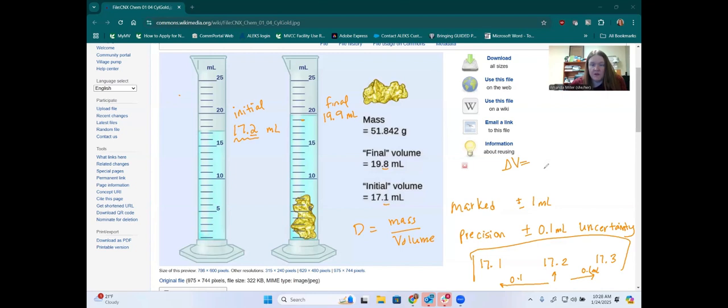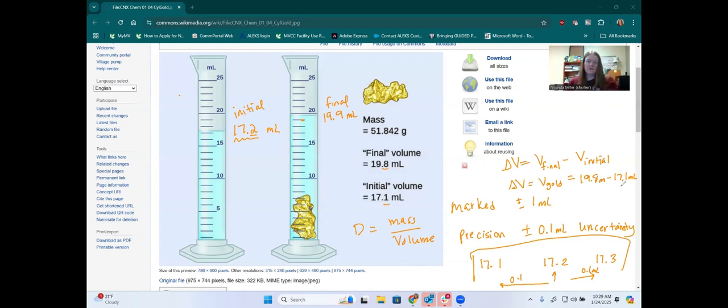It represents change, is equal to the final reading minus the initial reading. In the case of this situation, the change in volume was due to putting the gold into the water. And so we'll do the final reading minus the initial. And that gives us the volume of just the gold that was put in there. That's the volume I'm going to use as my denominator.